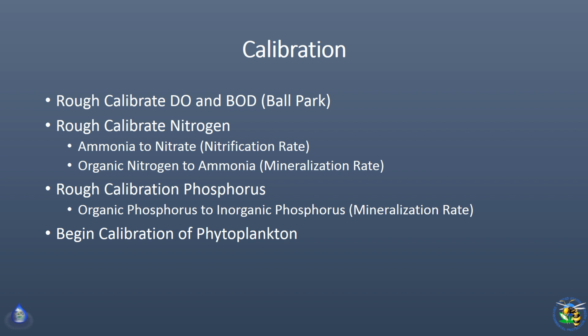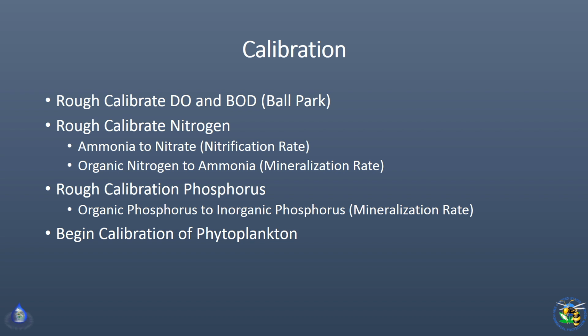If you have a system that has a lot of phytoplankton in it, and it's not a riverine system, in all likelihood you will be under-predicting BOD by a little bit. So if you're under-predicting BOD and over-predicting DO, you know that you'll have some biotic-generated BOD once you start the phytoplankton.